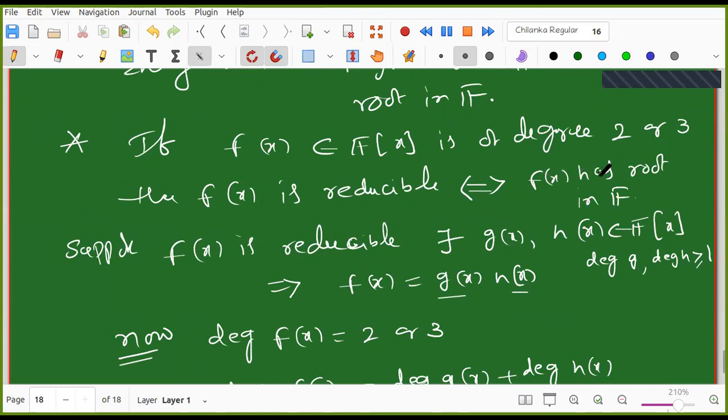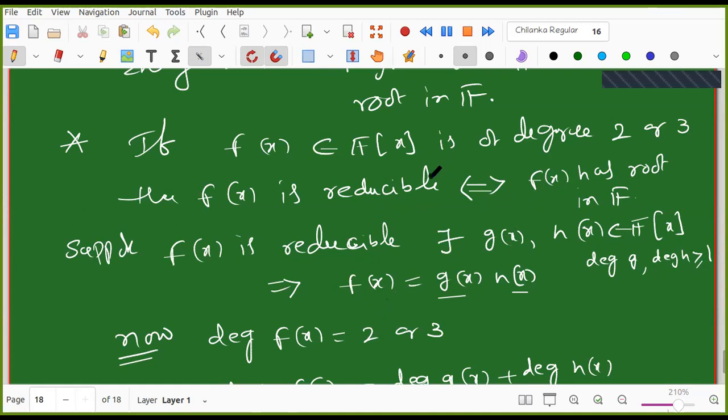For example, suppose alpha is a root in F. Then f(x) equals (x minus alpha) into something, you agree with me? So it is a product of x minus alpha and something, that is, reducible. If it is reducible, then one of the factors has degree 1, but that has a root in F itself. So f(x) has a root in F. If alpha is a root for g, it is also a root for f, right?